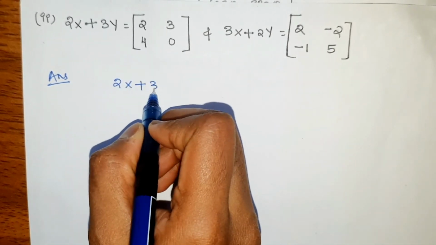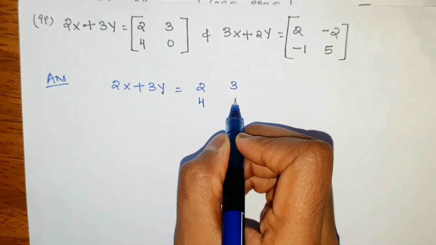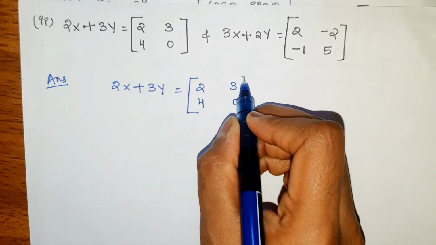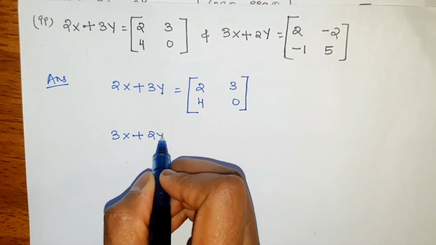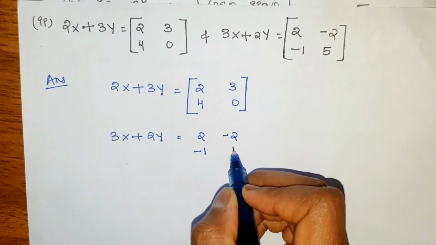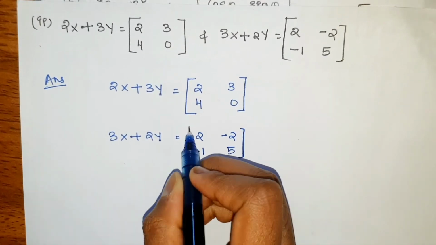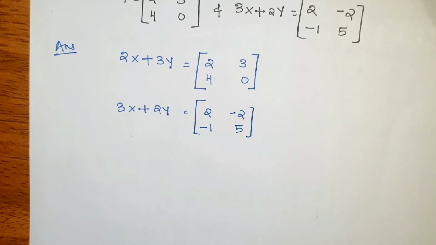2x plus 3y is equal to [2 3; 4 0] and 3x plus 2y is equal to [2 -2; -1 5]. Okay, students, how can we find the values of x and y here?